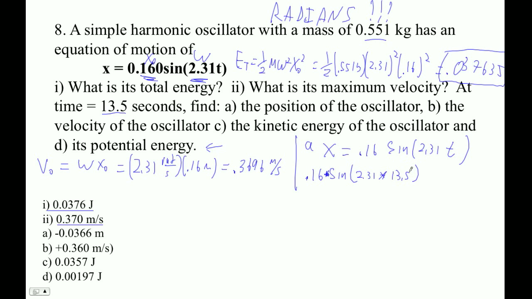Okay, let's store that in A. And the answer is negative 0.036621 meters. Yeah, so that's this answer right here.